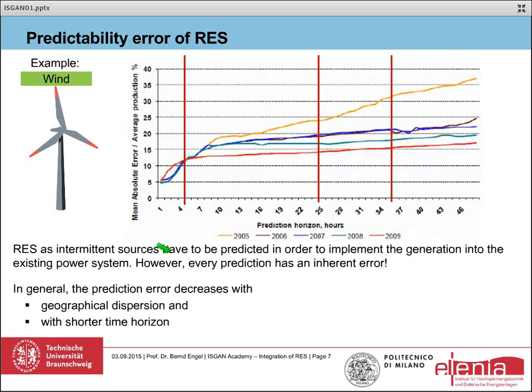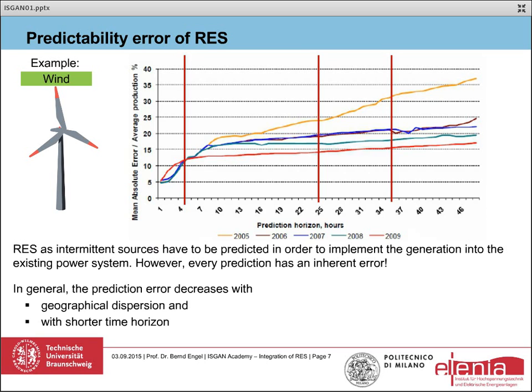The prediction error of renewable energy sources is very important. Here, for example, wind. Renewable energy sources as intermittent sources have to be predicted in order to implement their generation into the existing power system. However, every prediction has an inherent error.